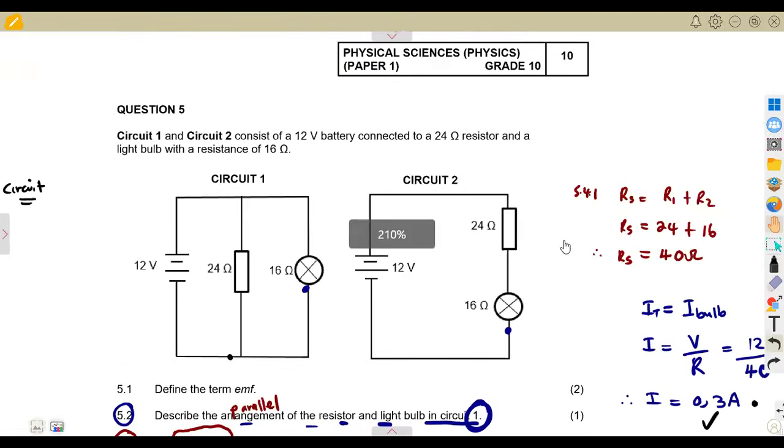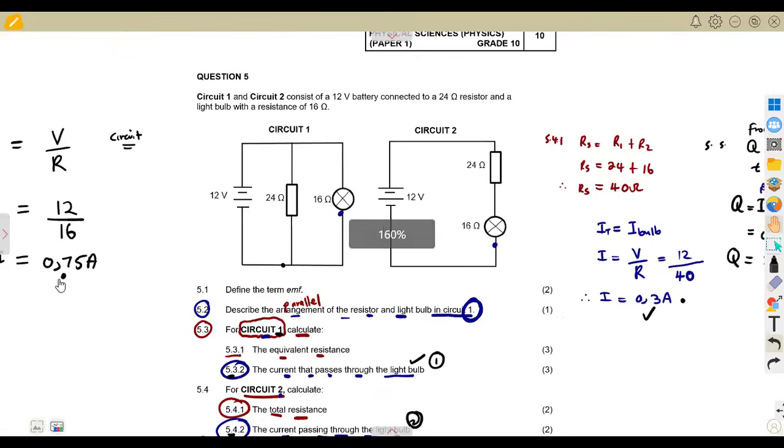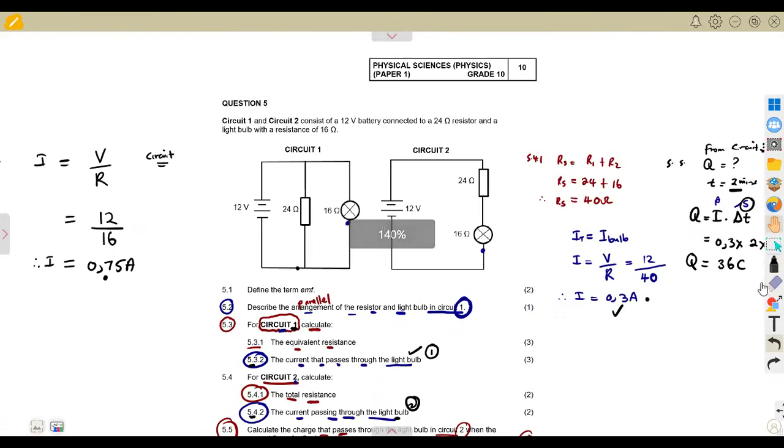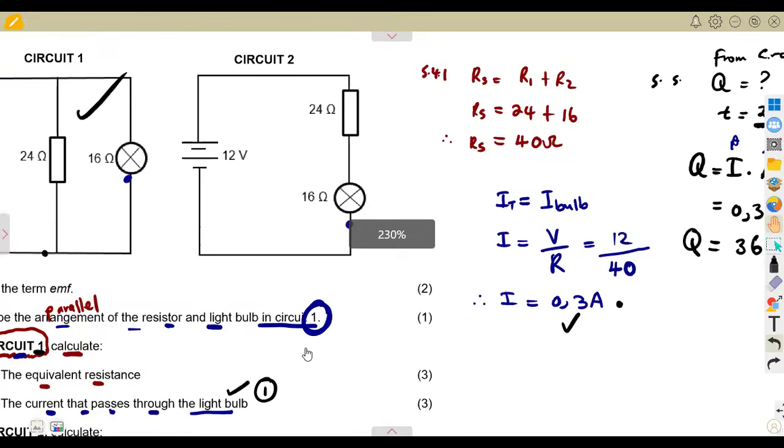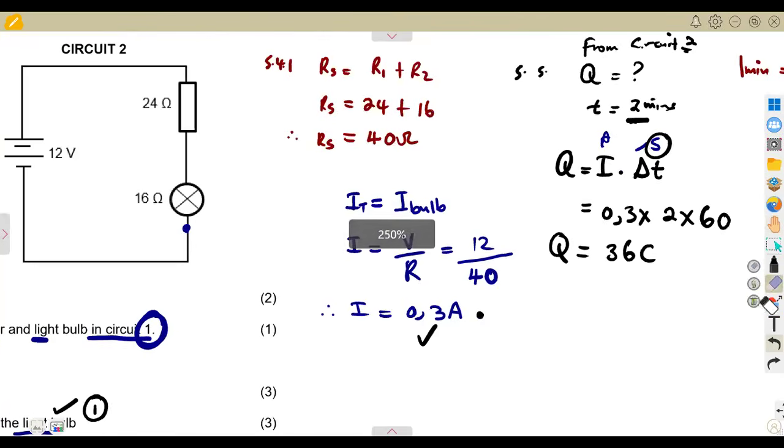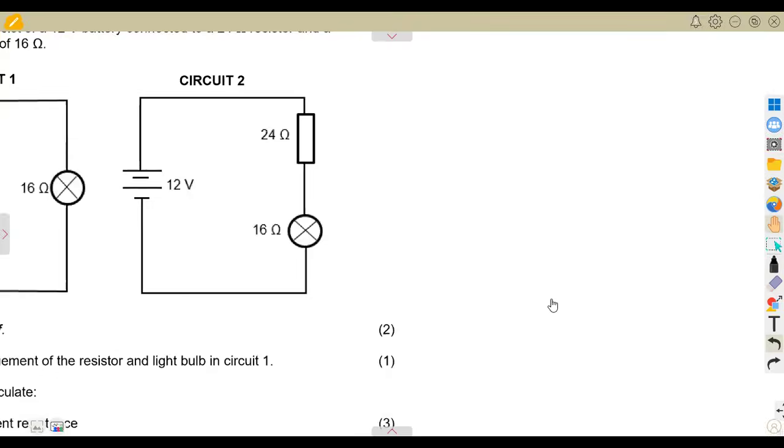So comparing these two, 0.75 and 0.3, which one is bigger? It is 0.75. It means the light bulb from circuit number 1 is going to shine the brightest. It's because of the higher current compared to what we can see there. It has a bigger value when compared to the current.